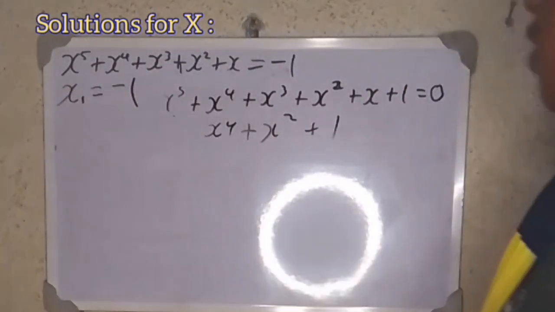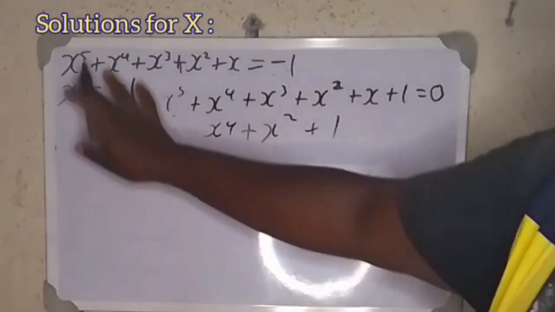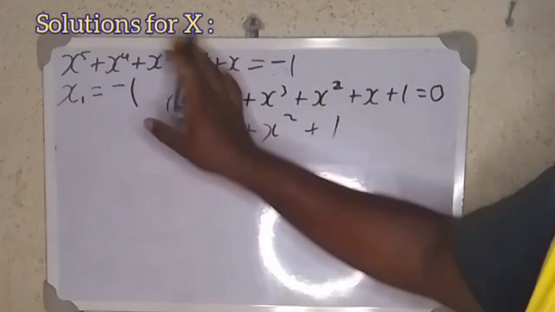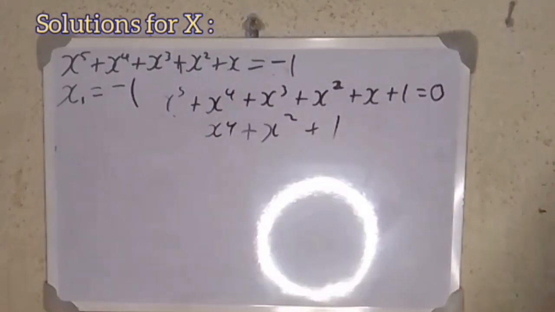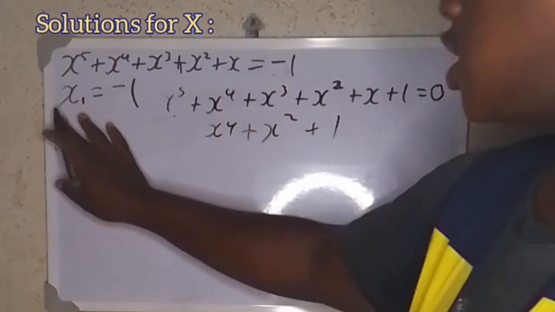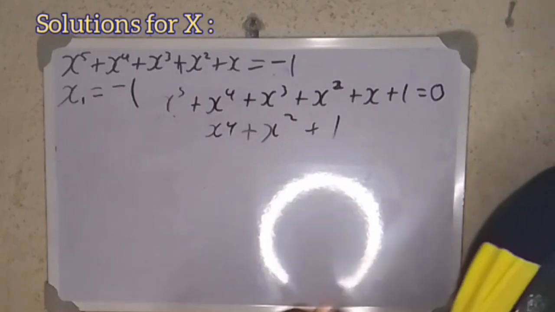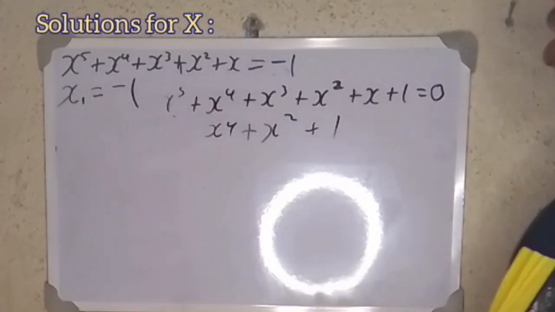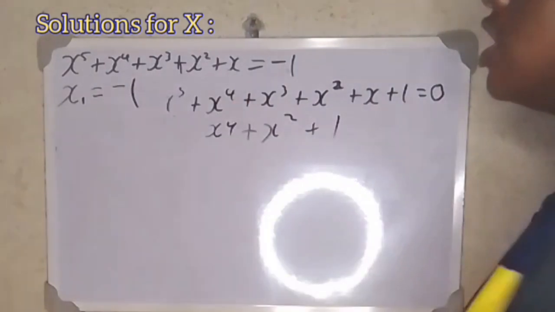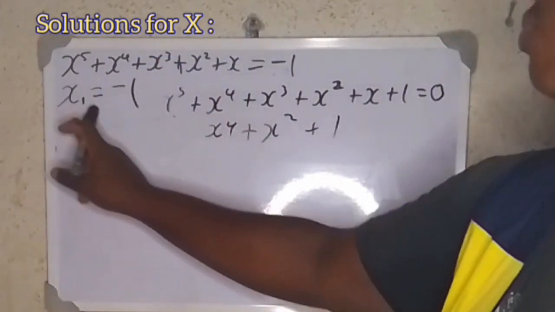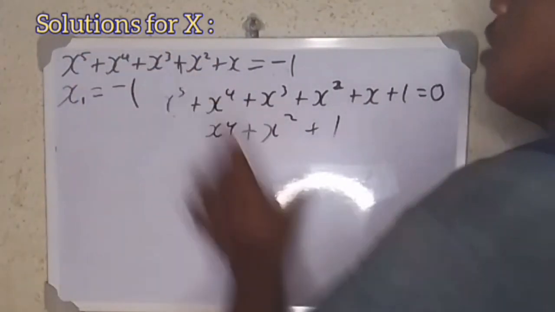So basically, what I'm showing here is that we first moved negative 1 to the left hand side, giving us x to the power of 4 plus x to the power of 3 and so on is equal to 0. Now we factored out x plus 1. We already know that x plus 1 is a factor of the first polynomial because x is equal to negative 1. So if we move negative 1 to the other side, we know that x plus 1 is going to be a factor of this big guy over here.